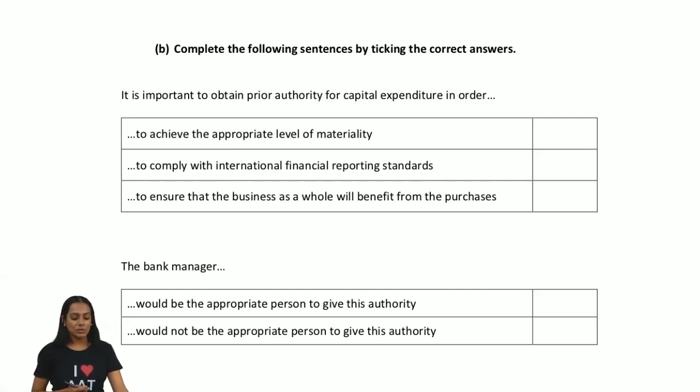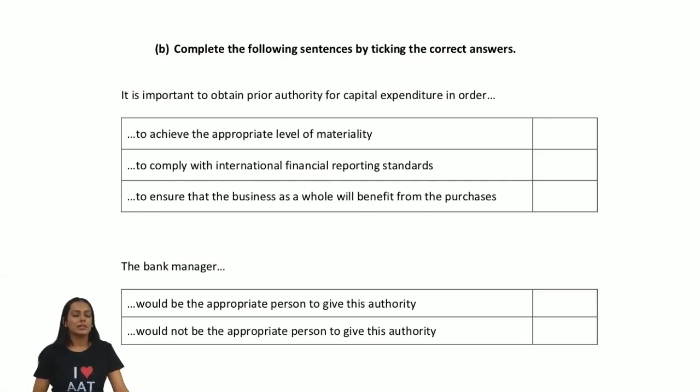It is important to obtain prior authority for capital expenditure in order to what? A, to achieve the appropriate level of materiality. B, to comply with international financial reporting standards. Or C, to ensure that the business as a whole will benefit from the purchases.